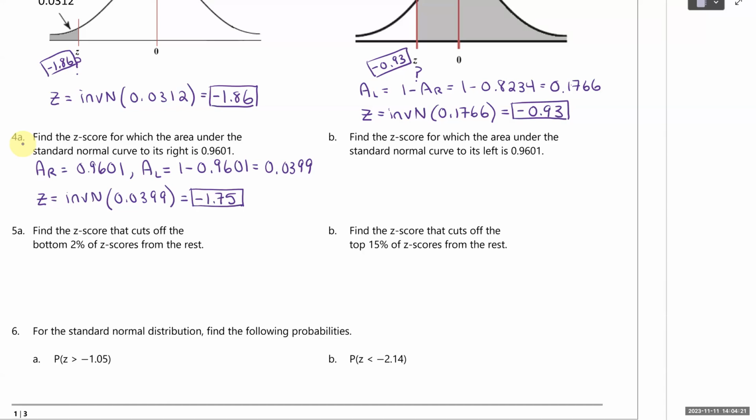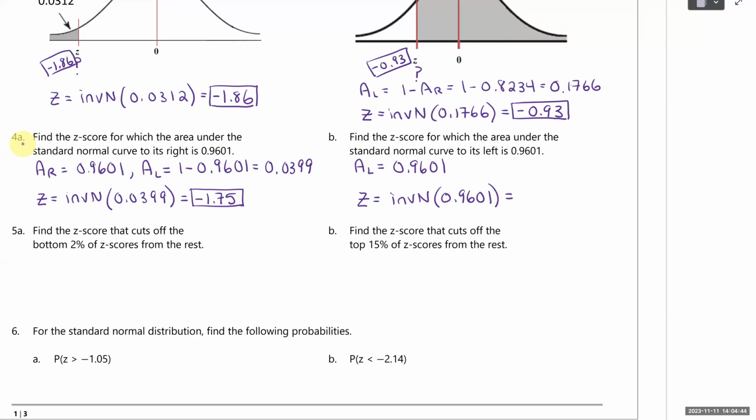And then for B, find the z-score so that the area to its left is 0.9601. So we can go straight to inverse norm because you always inverse norm the area to the left of the thing you're looking for.